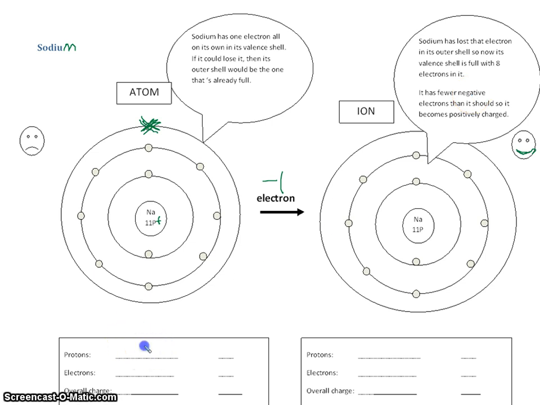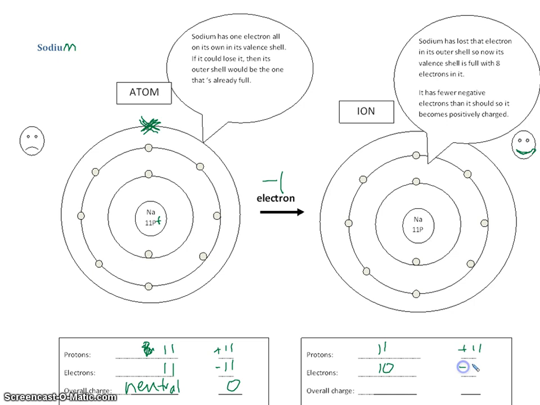So let's look again. We had 11 protons and 11 electrons. Plus 11, minus 11. It was neutral. Now it's still got 11 protons, but now it's only got 10 electrons. 11, take away 1, 10 electrons.